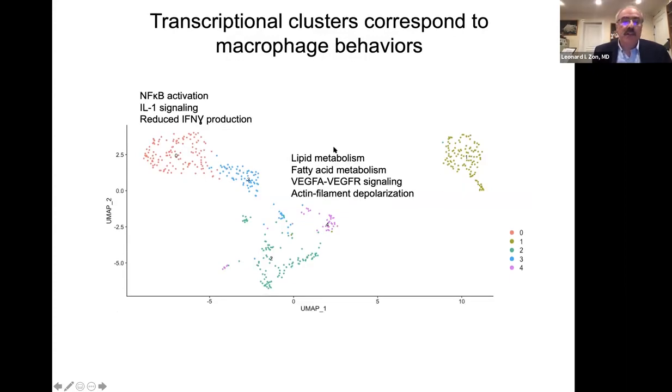And when we look at the populations, you can see these particular ones are activated and inflamed, whereas this population is the one that's active for lipid metabolism, and it's also active in other things that make you think these are the populations that are eating. So we focused on this particular population of macrophages.